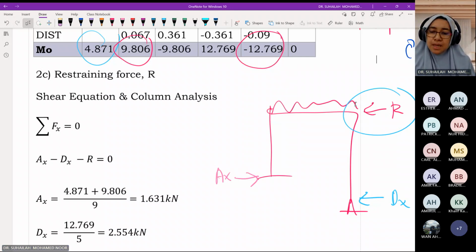Because the column is vertical, we learned that shear is perpendicular to the member. That's why it's called shear force.